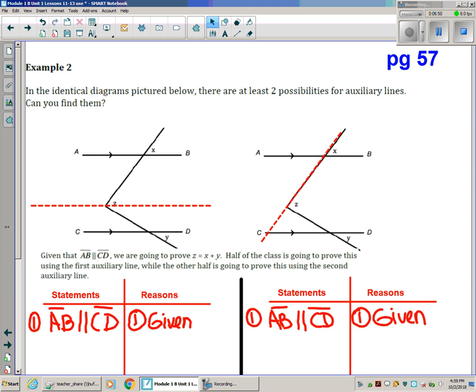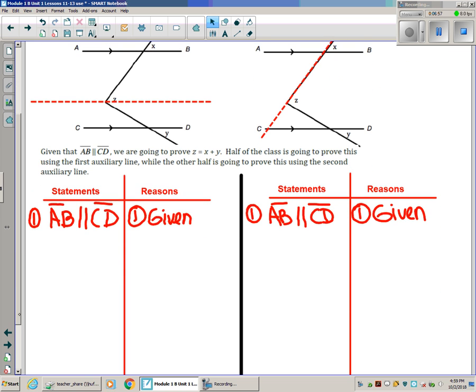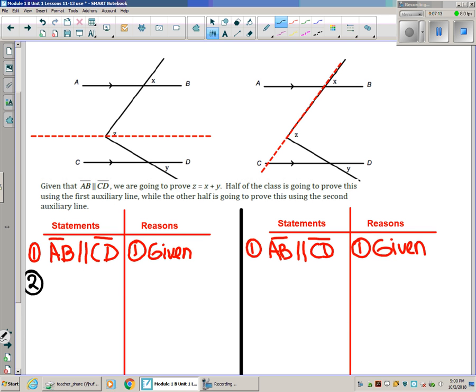We're going to do the left one under that graph. I have my givens, and my givens are exactly the same for both graphs. So let's start with the first part. The second statement should be that angle X in this case is equal to angle 1. And we're going to label angle 1 right here.